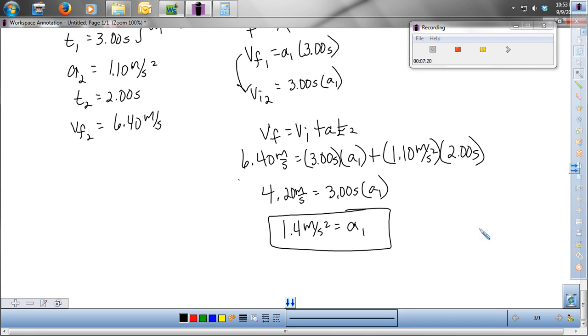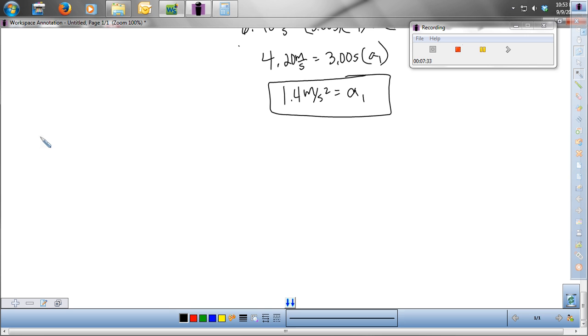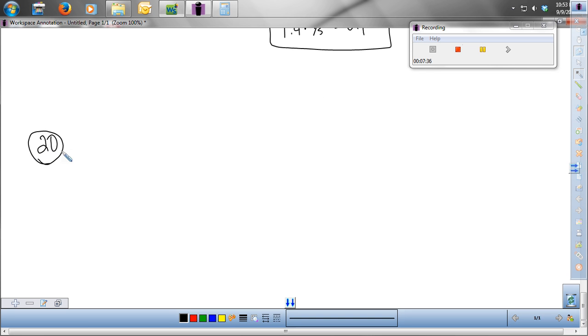All right. And then I think we have number 20 to deal with. Okay. So number 20 says, a go-kart moves according to the velocity time graph shown on the right. Make a position time graph and make an acceleration time graph. So my position time graph, distance versus time.